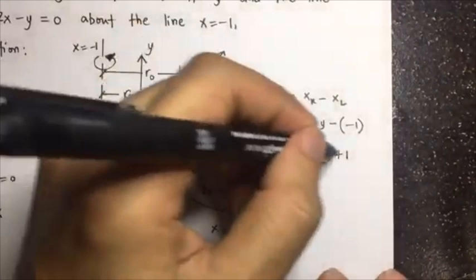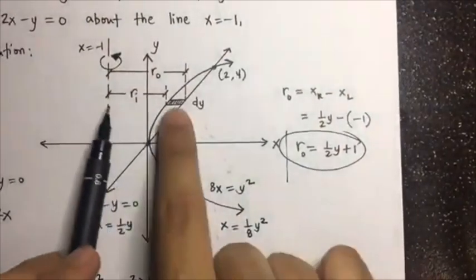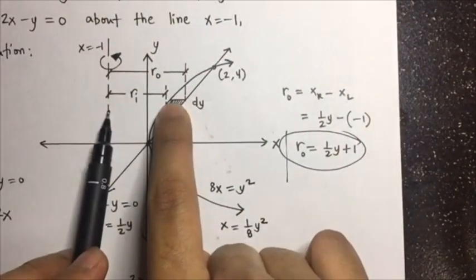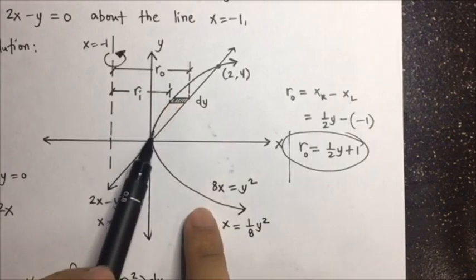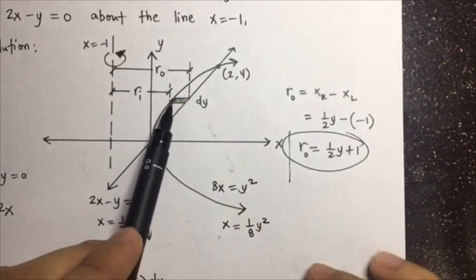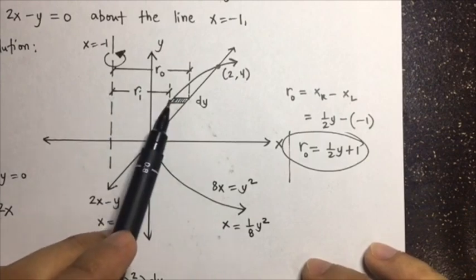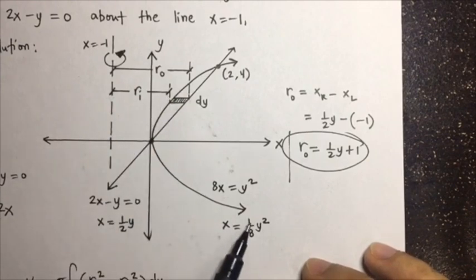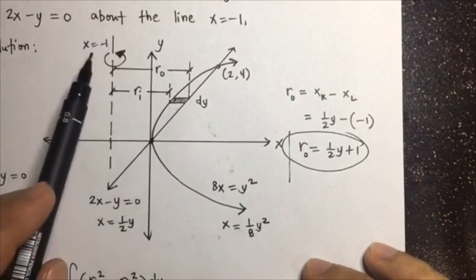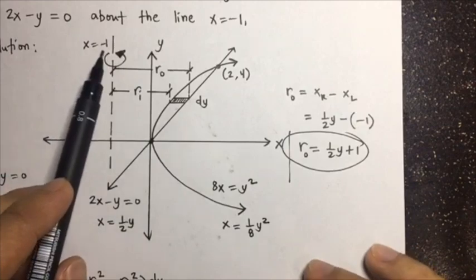Similarly, the inside radius will be xr minus xl. Our xr in this case will be defined by x is equal to 1/8 of y squared, and our xl will still be defined by x is equal to -1.